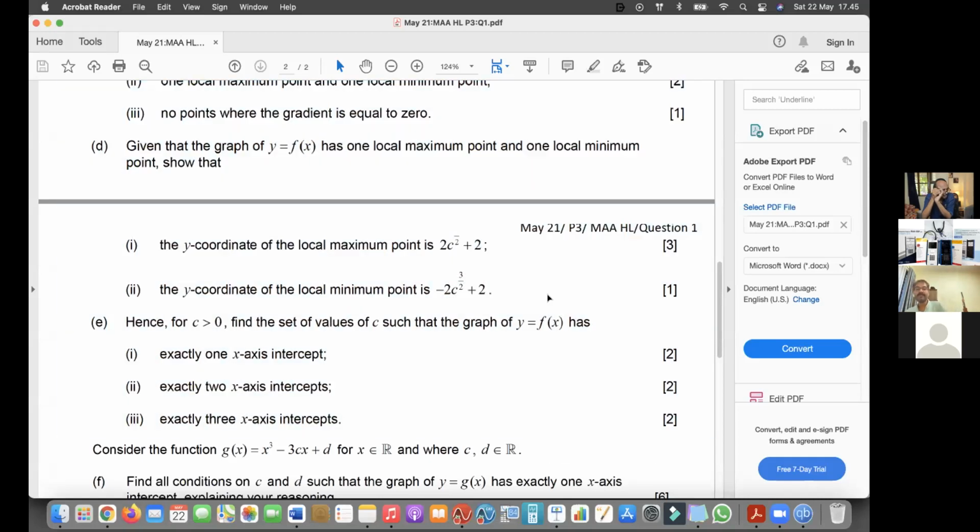So your answer to this question will be: D is less than -2 c raised to the power of 3 by 2.